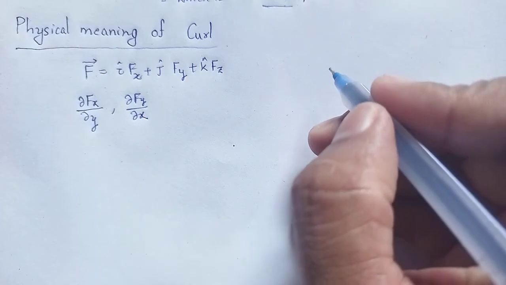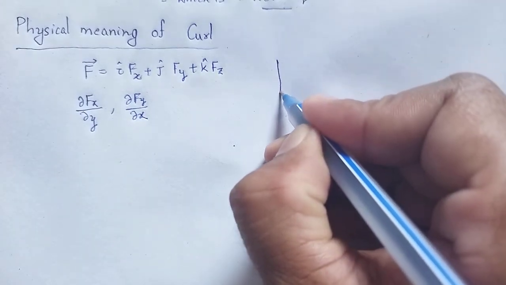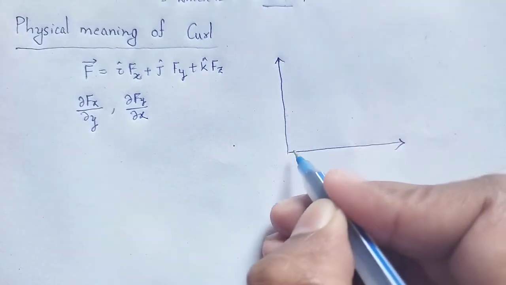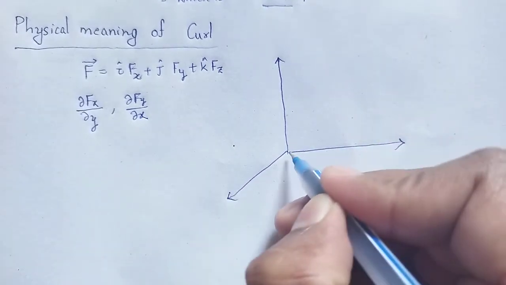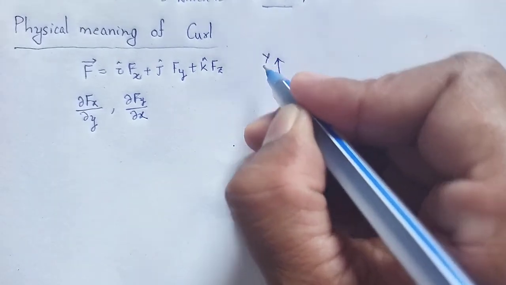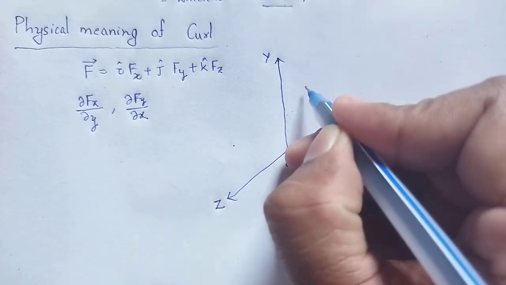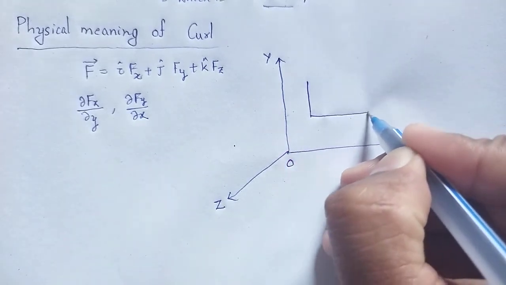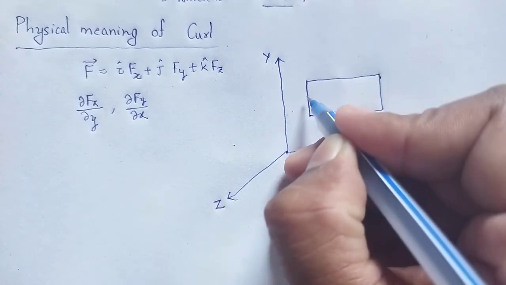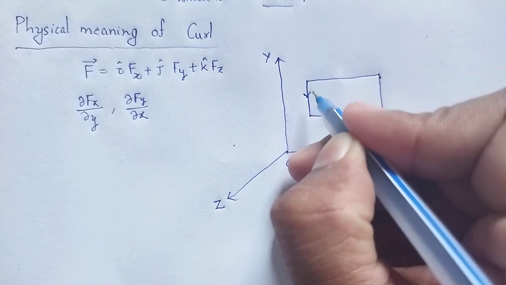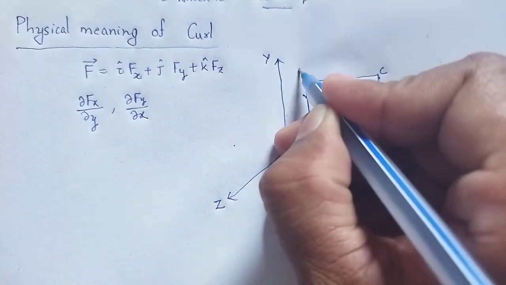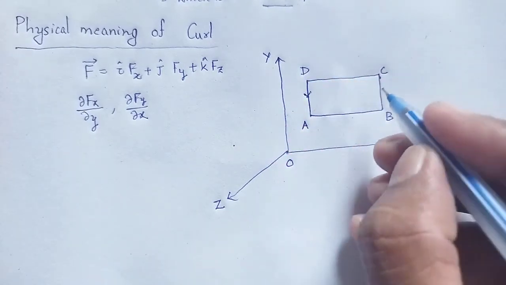Let us draw a figure. ABCD is a rectangle.